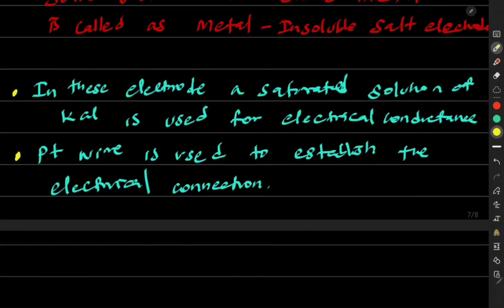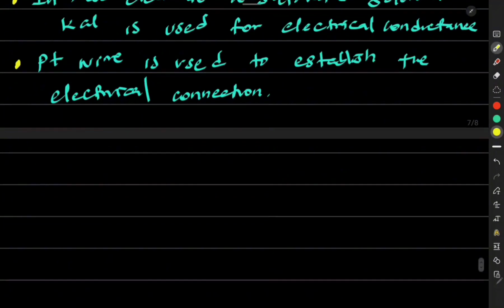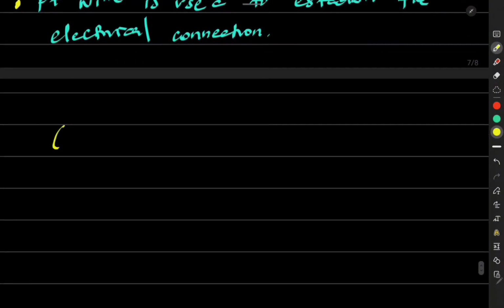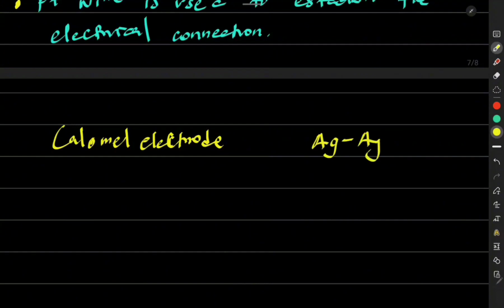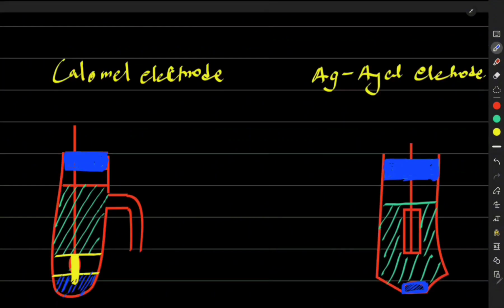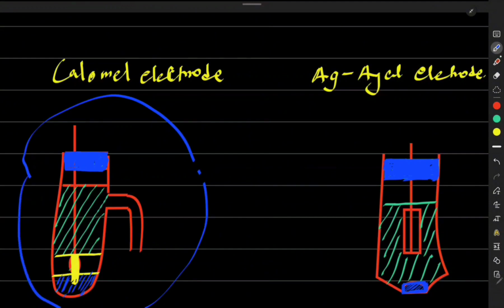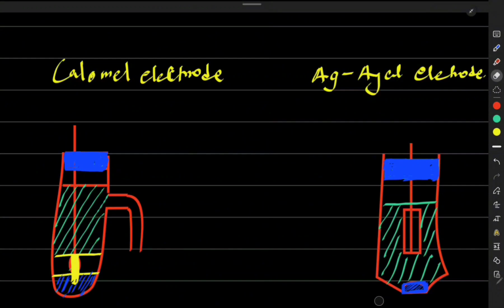Now let's draw a diagram for the calomel electrode and the silver chloride electrode. Here, let's draw the calomel electrode. Here, let's draw the silver chloride electrode. This is the calomel electrode, and this is the silver chloride electrode.